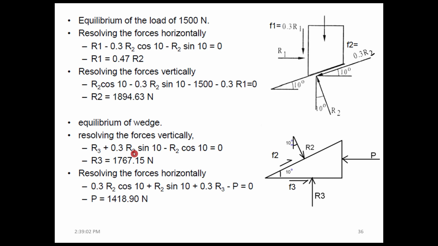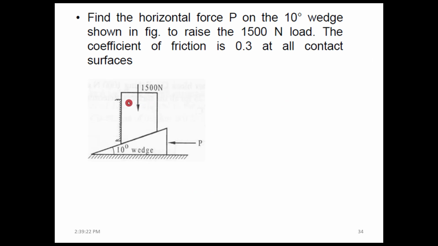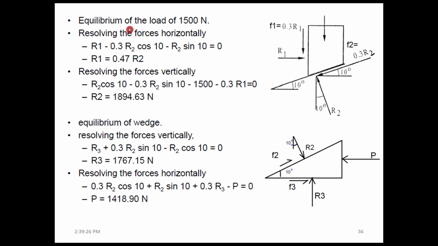So we will resolve the various forces acting on the entire system. So considering the equilibrium and free body diagram of the body weighing 1500 Newton, we have equilibrium of the load of 1500 Newton, and we can resolve the forces horizontally.